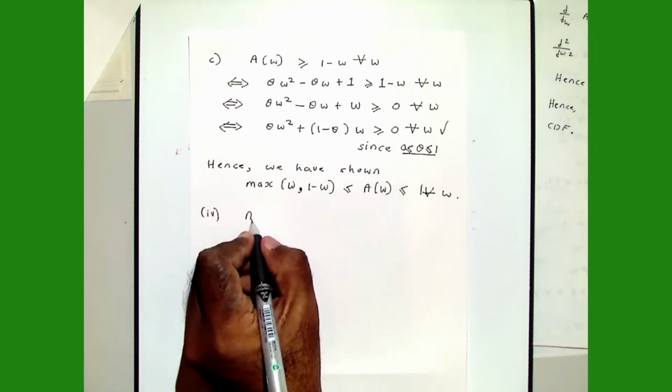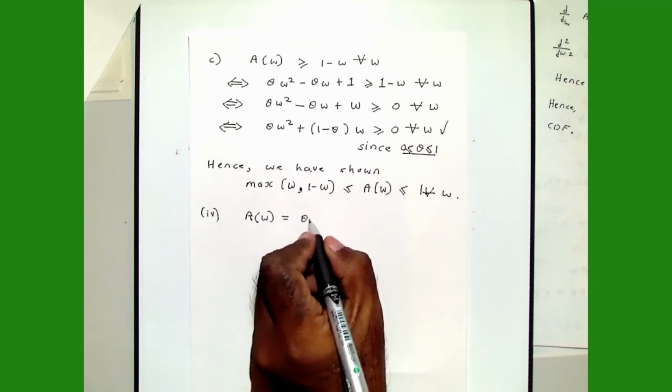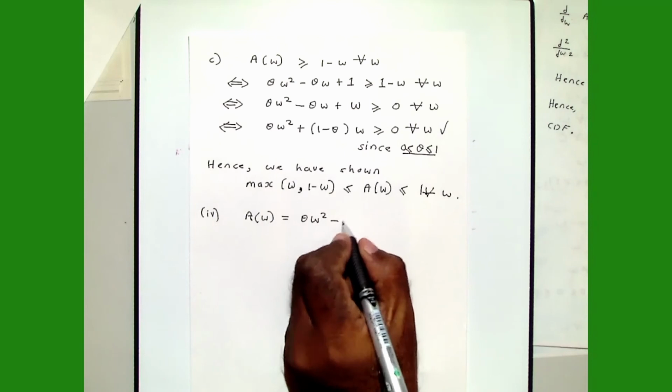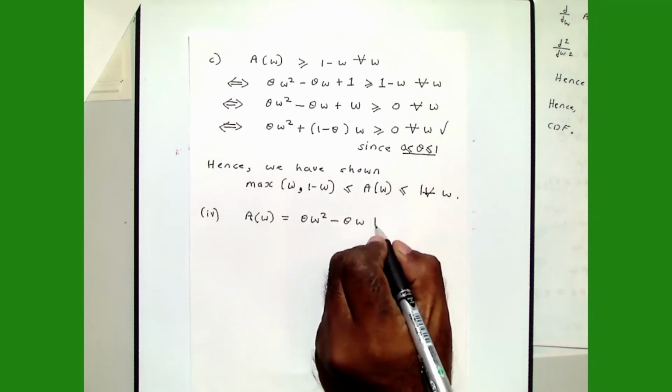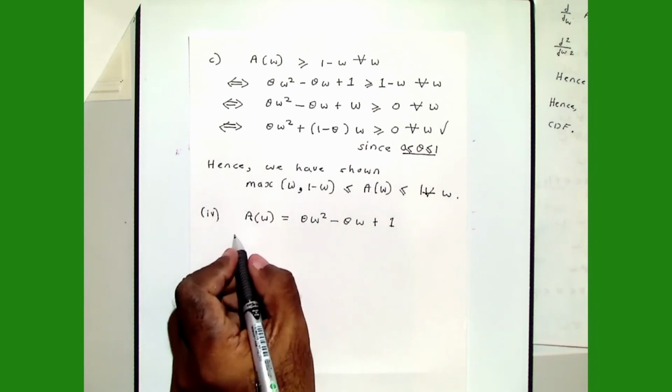Now we know that A is given by this. To show that this is a convex function, we need to find the second order derivative of it.